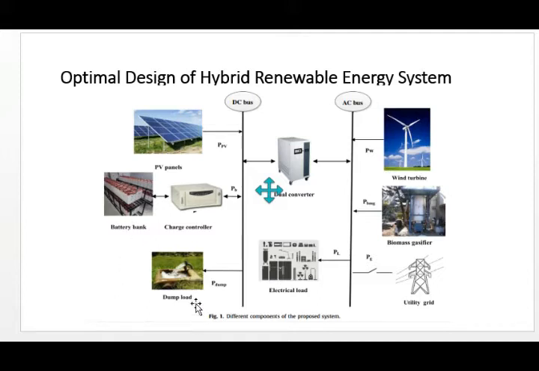We will discuss this issue later on. There may be an electrical grid, utility grid, it may be connected off-grid and on-grid. We will discuss both the cases.